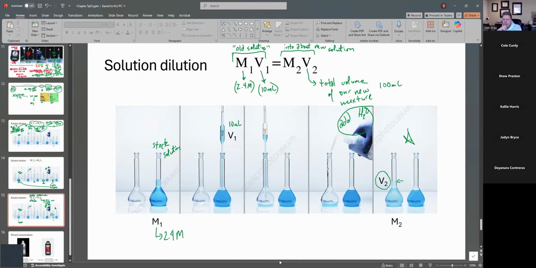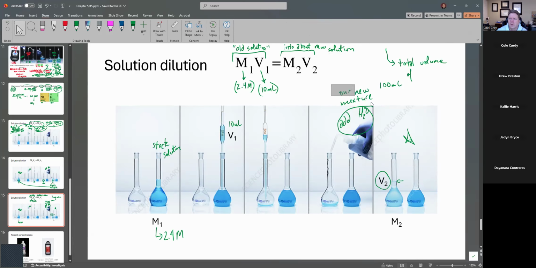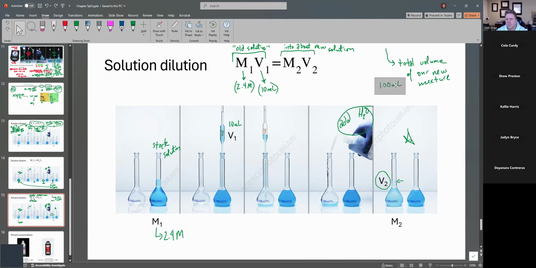Now, that V2 is going to be the volume of our new solution.